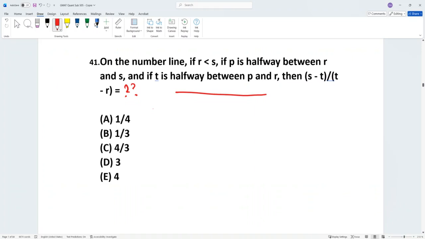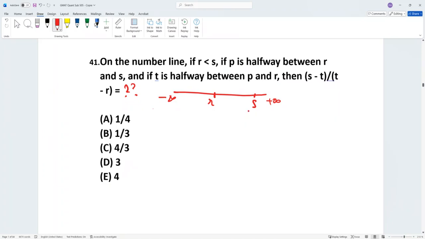So we say like this, here is minus infinity and plus infinity, and it tells us that R is less than S. So R is closer to here, and then S is here.